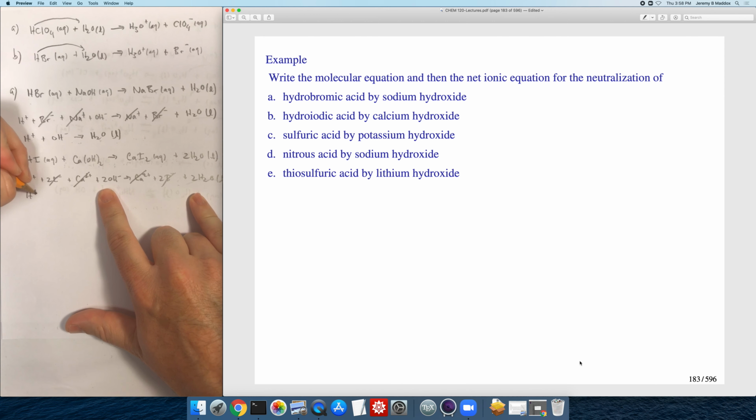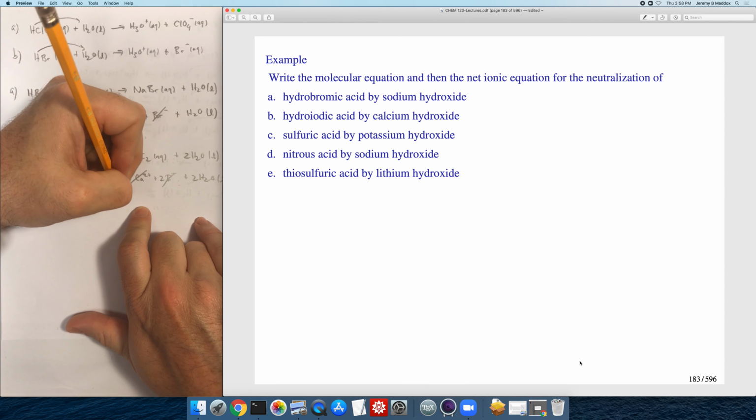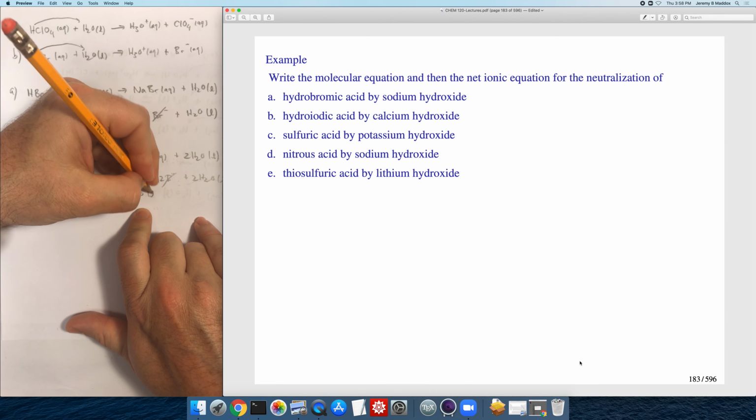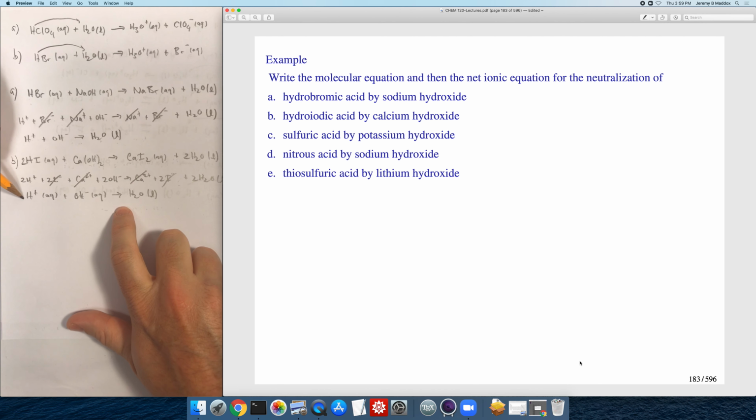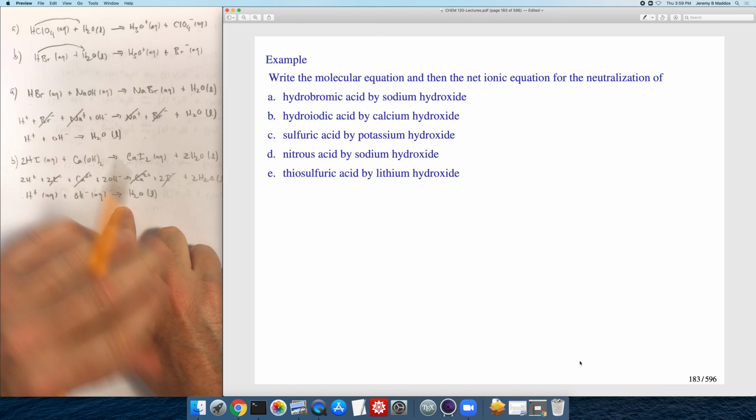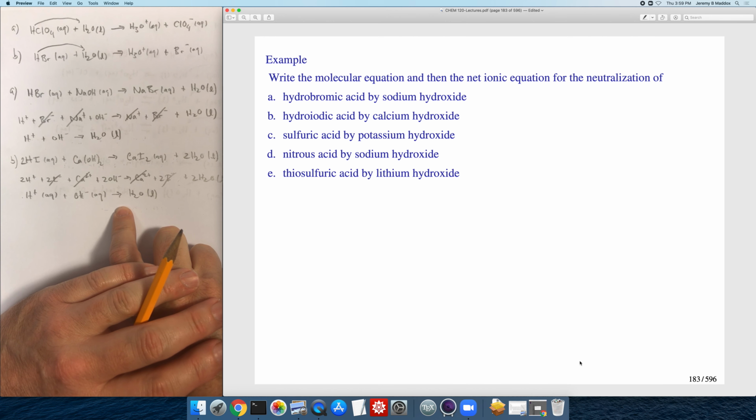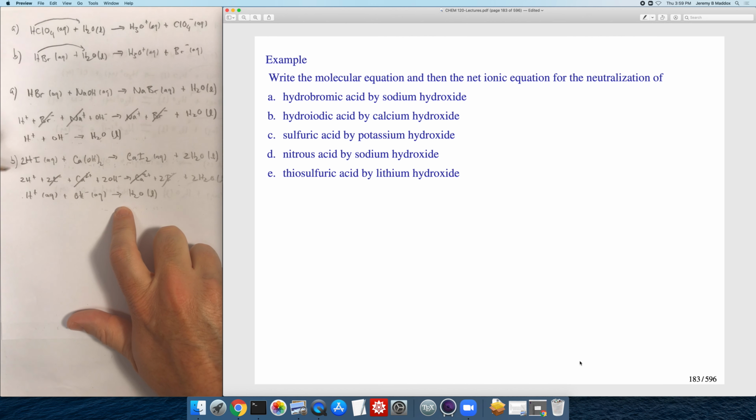You're going to wind up with H plus hydroxide giving you water again. Okay? So the essential chemistry of any strong acid, strong base always involves the production of water. It's always true. I will let you work out part C on your own because part C is another strong acid, strong base. Let's look at part D, which involves a weak acid, nitrous acid.